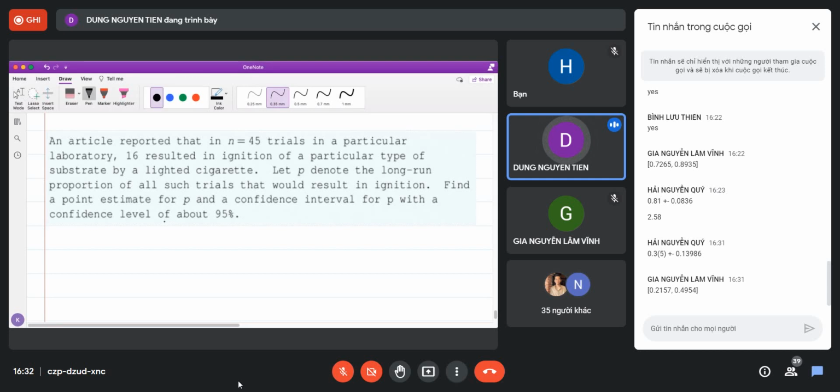Well, in this case, suppose that P is the long-run proportion of all such trials that resulted in ignition, and you want to get a confidence interval for the proportion.